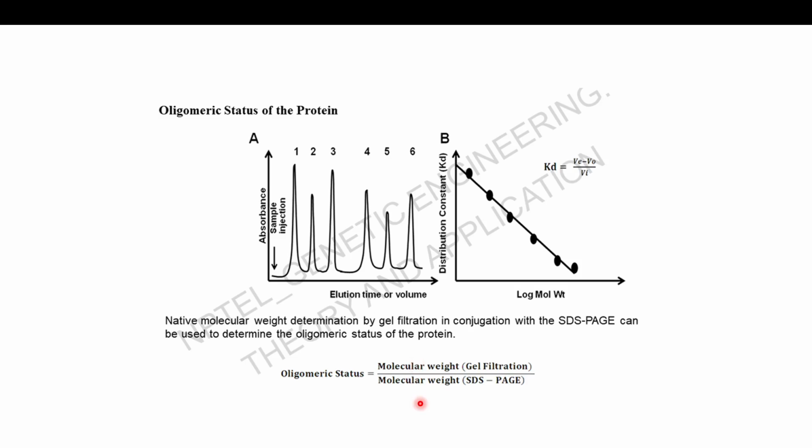So that will give us the monomeric status of the protein that you are purifying, and the gel filtration, in case it has a tendency to oligomerize, will give the molecular weight corresponding to the oligomerized protein, right? So if we divide it, we will get the oligomeric status of your protein of interest.